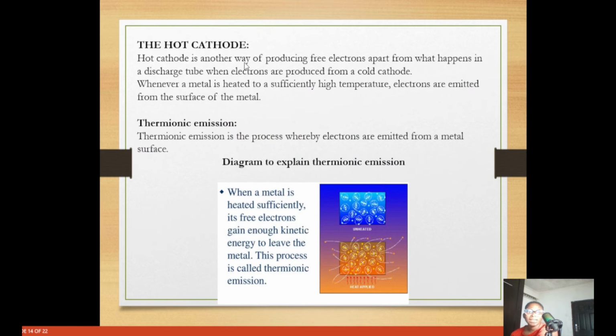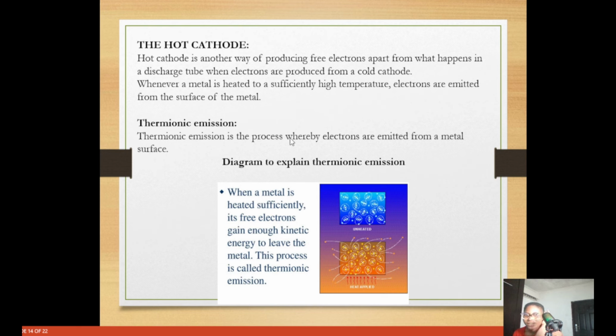Hot cathode is another way of producing free electrons apart from what happens in a cold cathode discharge tube. Whenever a metal is heated to a sufficiently high temperature, electrons are emitted from the surface of the metal, and that is thermionic emission. So what is thermionic emission?